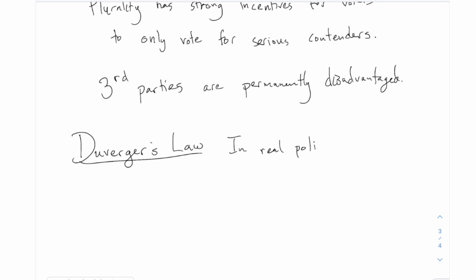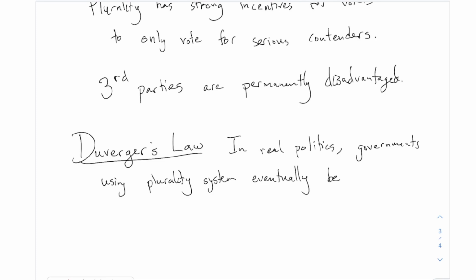In real politics, governments using the plurality system eventually become two-party systems.